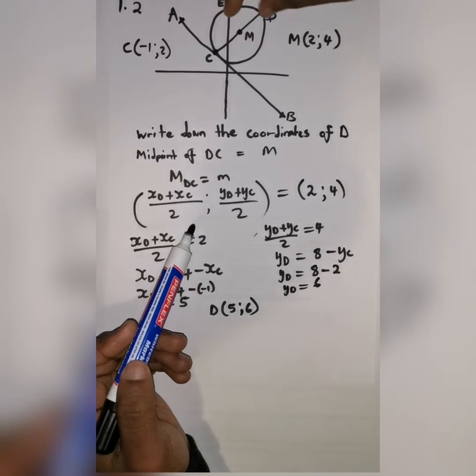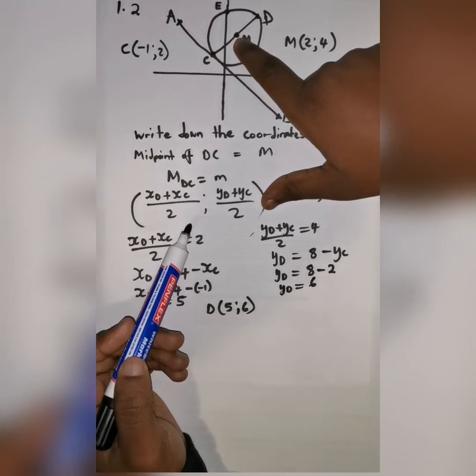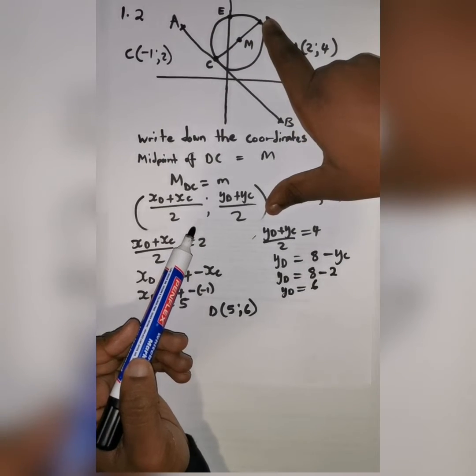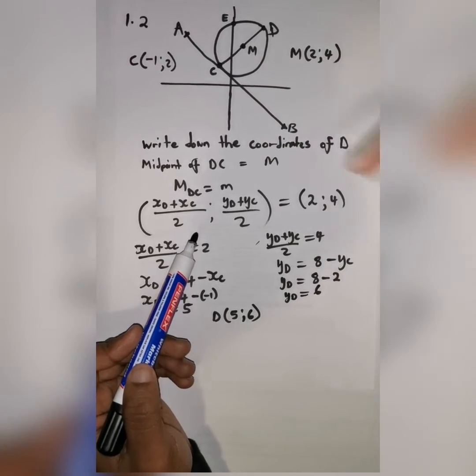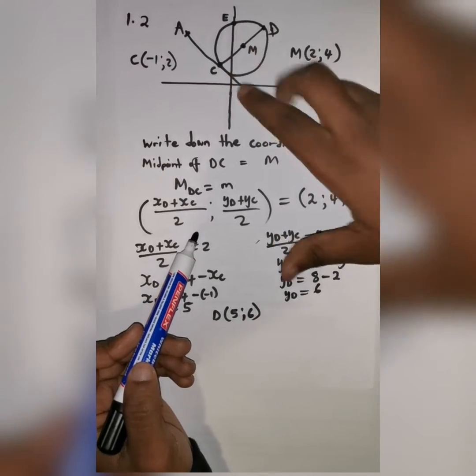If you check the diagram, CM is a radius, in the same way that MD is a radius. So you check coordinate by coordinate. Let's check the x coordinate, for example.